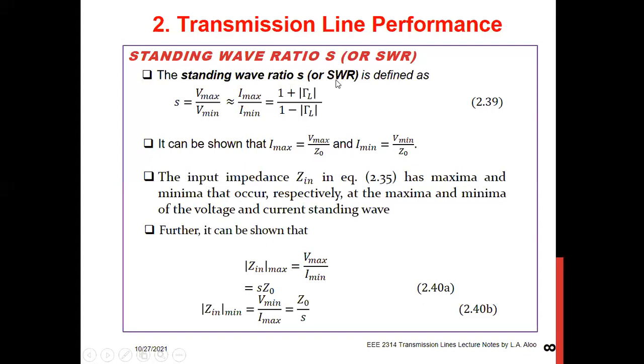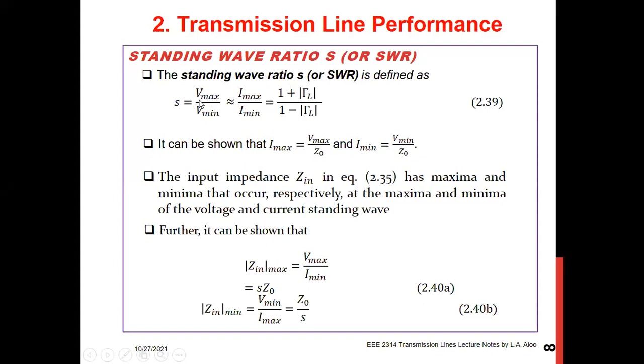SWR must be capital, SWR for standing wave ratio. Now, the standing wave ratio is defined as the ratio of the voltage maxima to voltage minima, or current maxima to current minima.